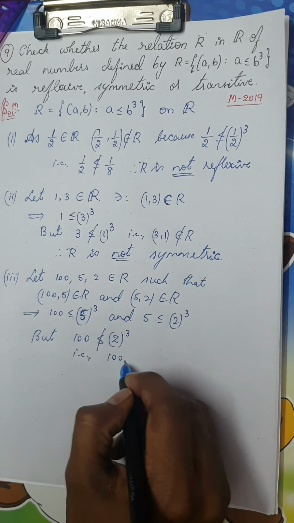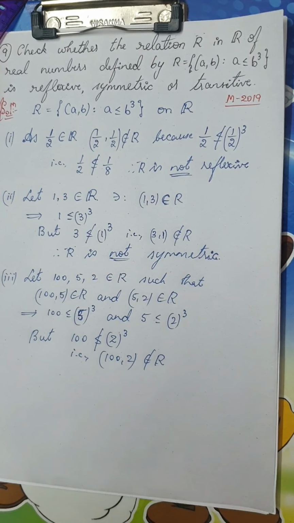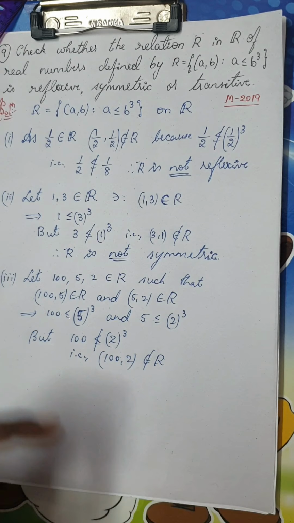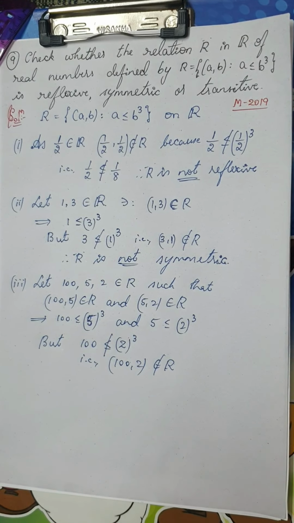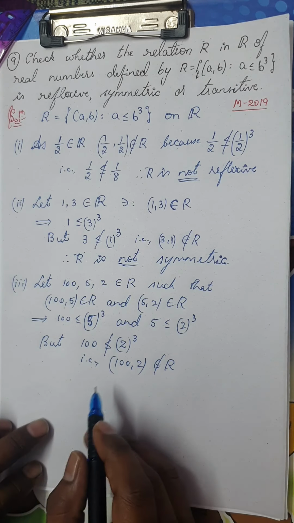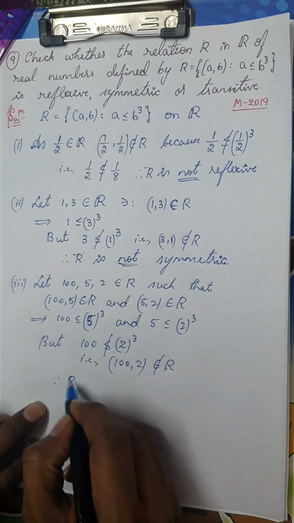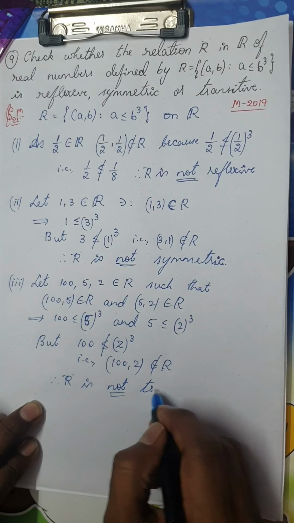That is, (100, 2) does not belong to R. I'm giving you a counter example; you can think about any other option too. Therefore, R is not transitive.